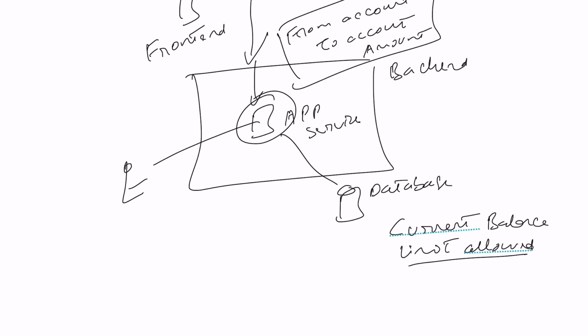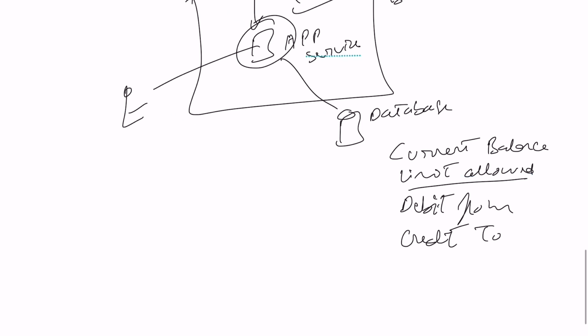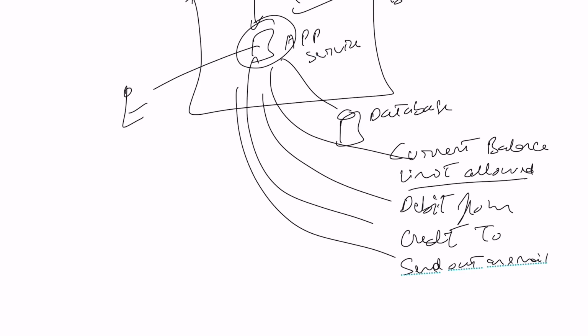That happens over here, where the limit is checked. Then once these checks are done, it may actually debit the from account, then credit the to account. Then it can send out an email. So that means all these actions are performed by this program.